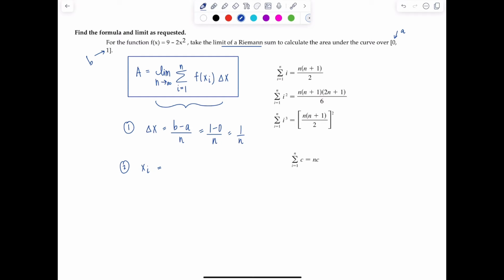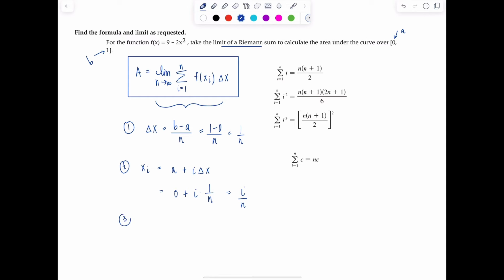You can use right, left, or midpoint. Usually we use right. It's the easiest. So if you want to just memorize, it's a plus i delta x. That's how you find x sub i using right-hand approximation, right endpoint. So a in this case is 0, plus you just leave i in there, times 1 over n. So this is i over n.